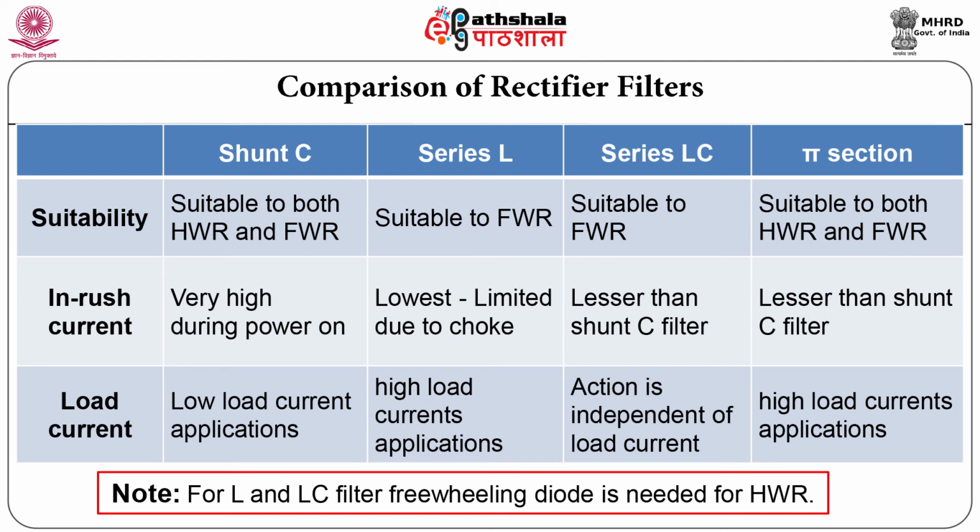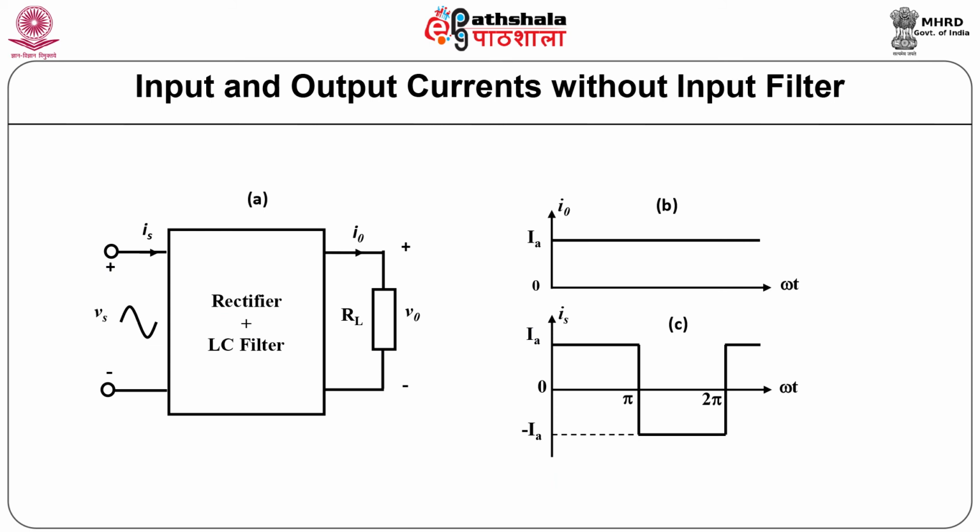Now, even though filters are used, the input current shape is different for different types of circuits. Therefore, the input contains harmonics. These harmonics may affect the input voltage itself. To avoid this, we will require some types of filters.